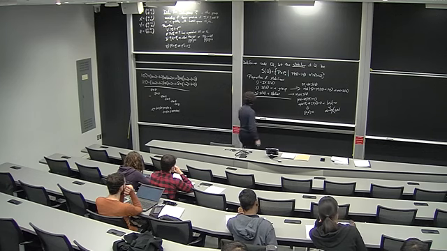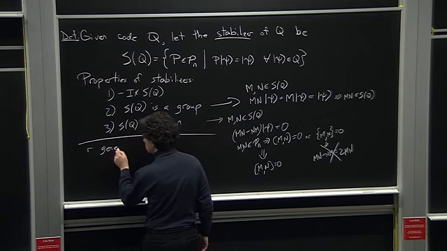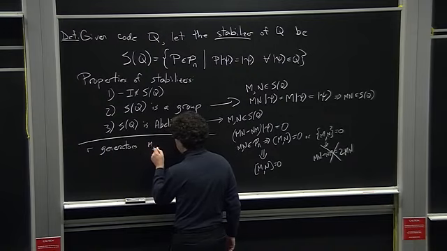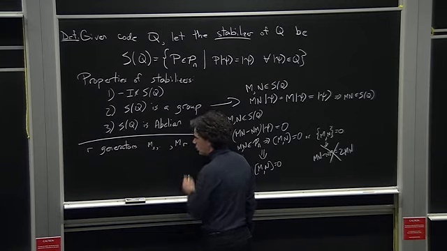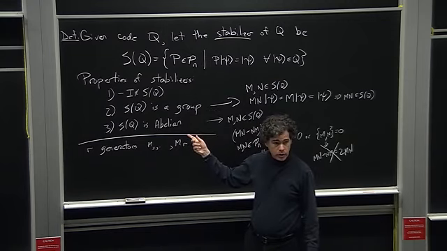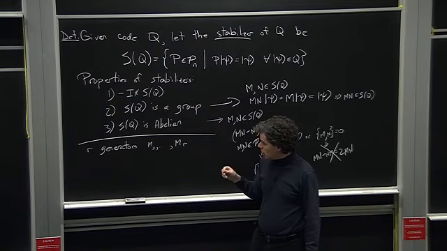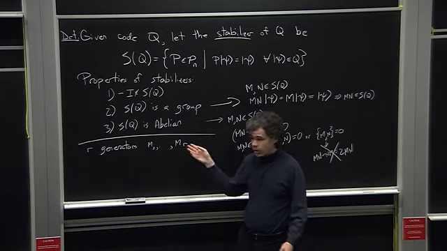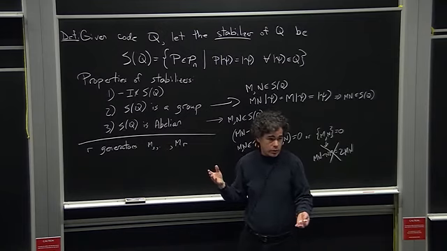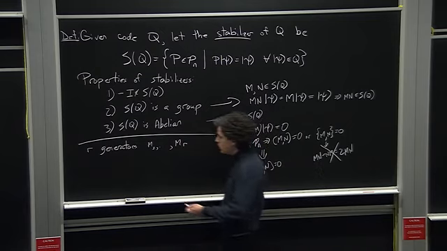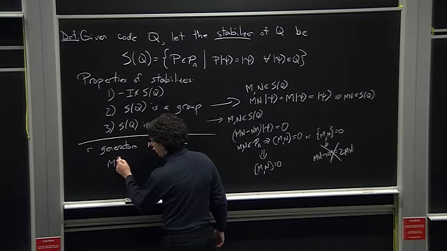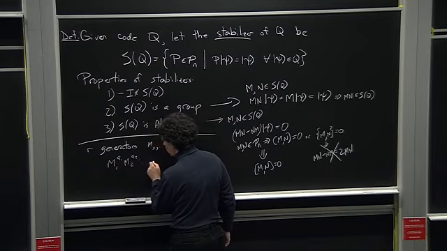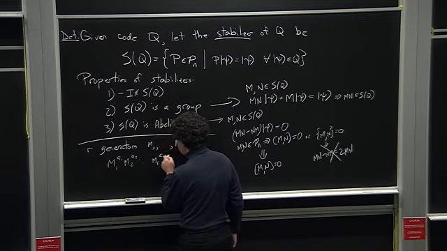And more generally, suppose we have R generators for a stabilizer, which will be M1 through MR. Well, since it's an abelian group, it doesn't matter what order we take the product in. So the arbitrary element is going to be of the form M1 to the A1, M2 to the A2, and so on, MR to the AR.